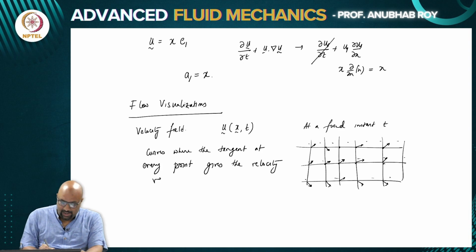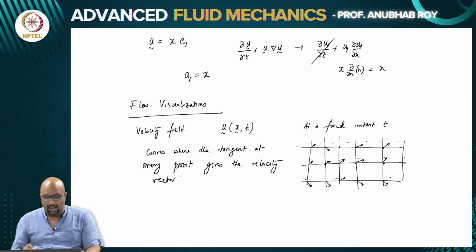I want to visualize this, so I say at this particular instant in time, this is the description of the velocity field at every point. I have just drawn a few points, but you can draw this at any arbitrary point. And now I am interested in curves where the tangent at any point gives me the velocity vector at that particular point.